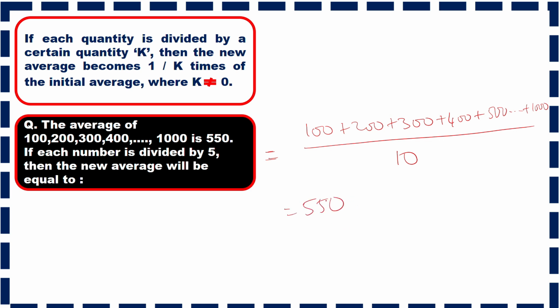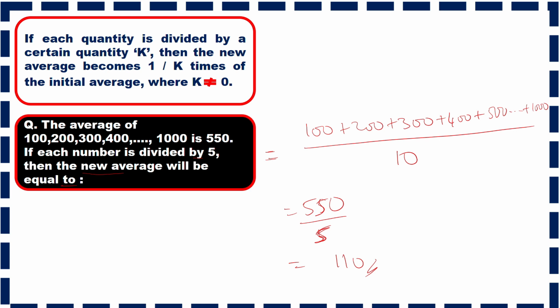Now what happens if each number is divided by 5? Then the average will also be divided by 5. So the new average is 110. In the previous cases, we discussed that if each and every quantity is increased by any value, then the average will also be increased by the same value.